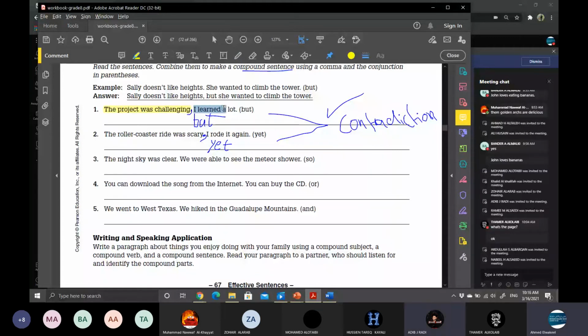The roller coaster was scary, yet I rode it again. Both of them tell us about contradiction in the two independent clauses we have. So my question here: what is the difference between using but and yet for making a contradiction?